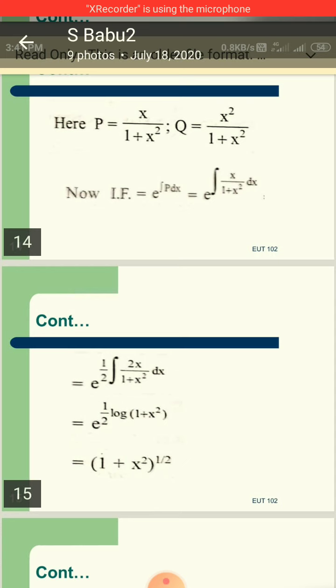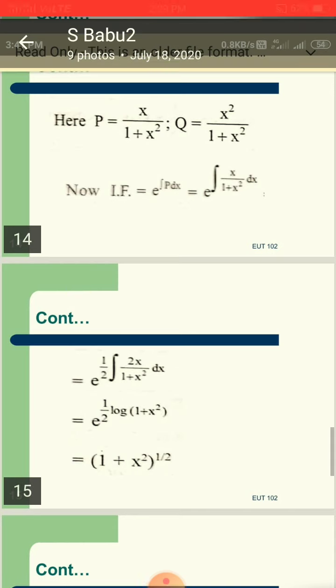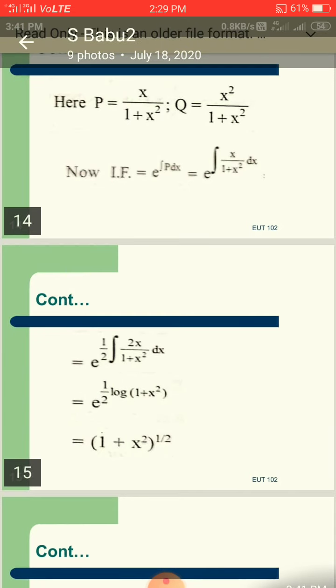That one can be simply written with 2 along with the x in the numerator and divide this integration by 2, that means 1 by 2. So simply we get e power 1 by 2 log 1 plus x square. So 1 by 2 can be the power of 1 plus x square.